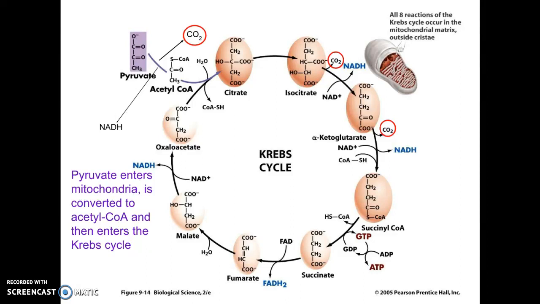This whole process takes place in 8 steps, and the last step produces oxaloacetate that the acetyl-CoA binds to form the next citrate. So it's a cycle.